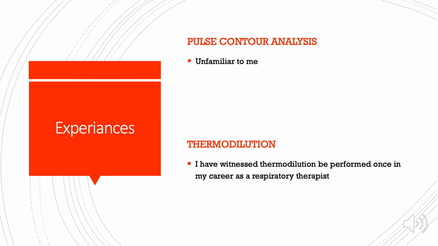I think the reason that they're both so unfamiliar to me, specifically thermodilution, is because pulmonary artery catheters aren't used quite so much in my facility, as we don't have a lot of cardiac patients, and therefore they don't need these invasive lines.